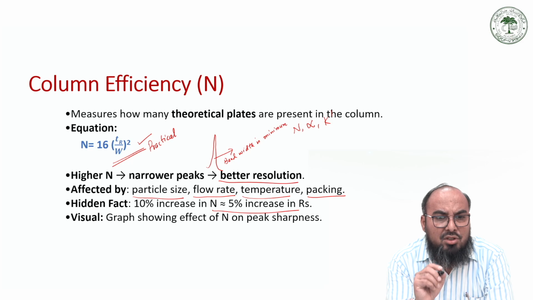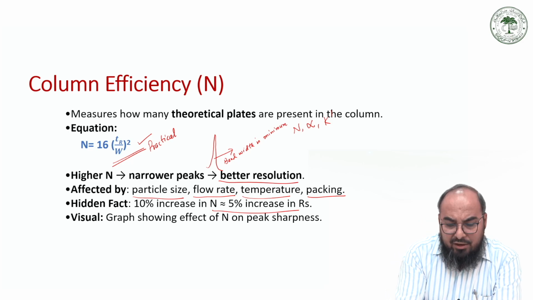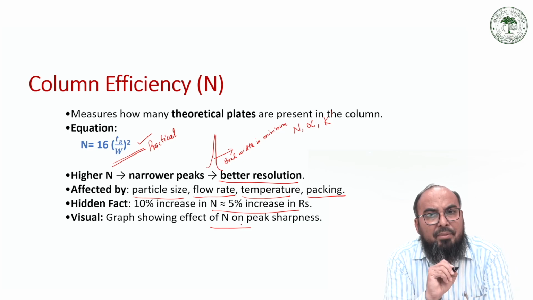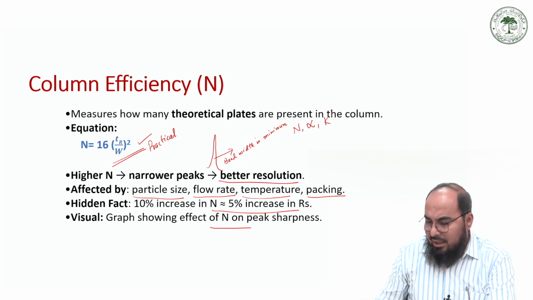So we are going to see certain graphs which show the effect of the column efficiency on the peak sharpness. We will be having a comparative diagram in the coming slide.